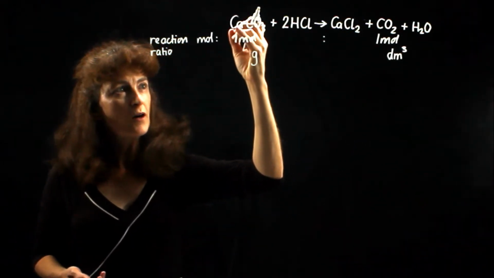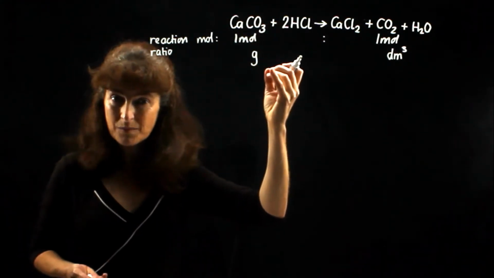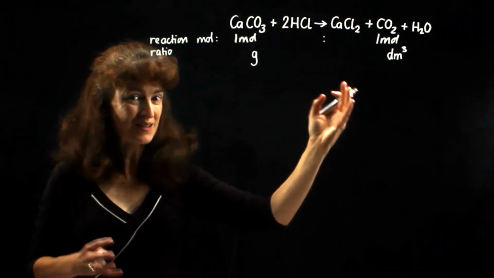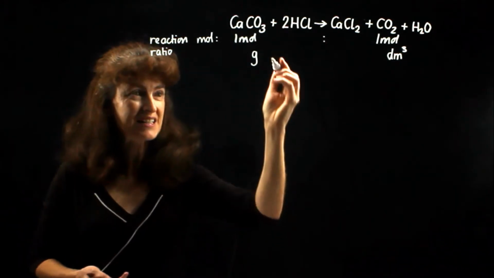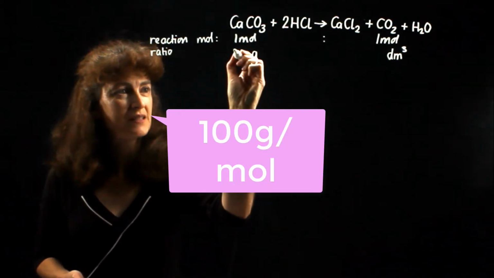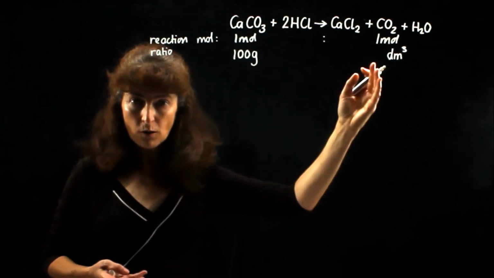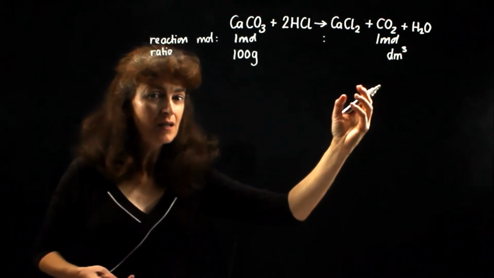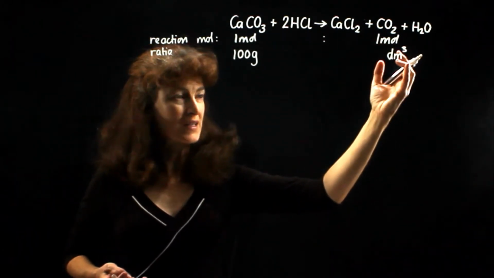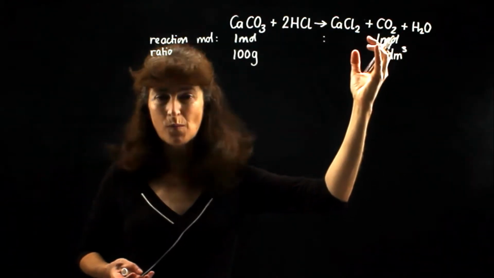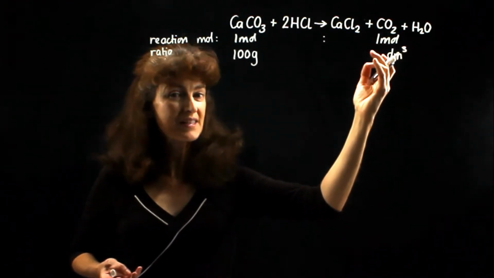So 1 mole of calcium carbonate has what mass? We go to the periodic table and we look up the molar mass of calcium carbonate. It's 100 grams. We're told that this occurs at STP. What is the volume in decimeter cubed of 1 mole of any gas? 22.4.